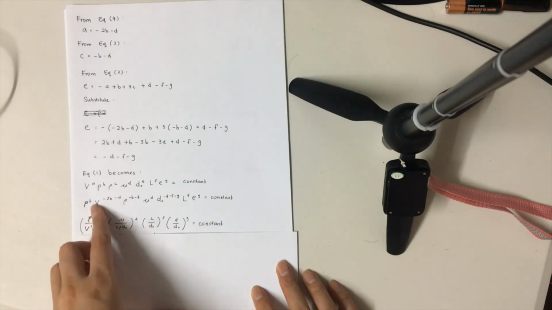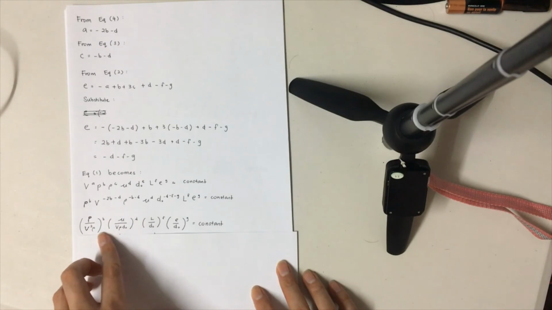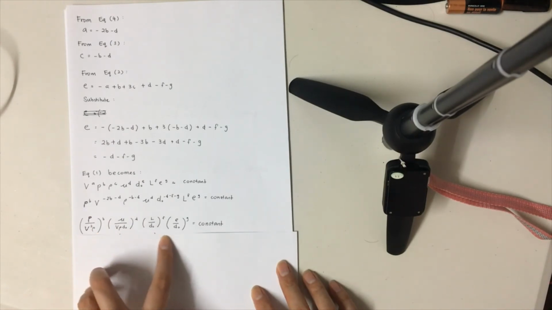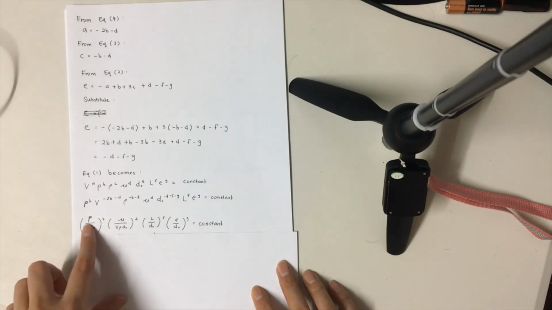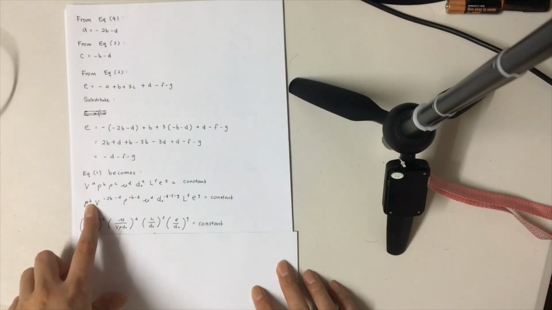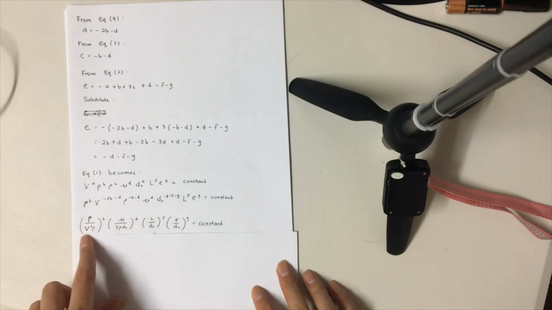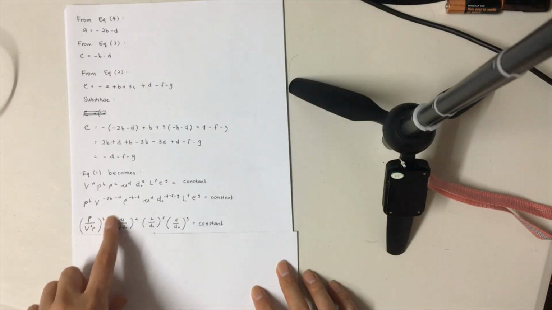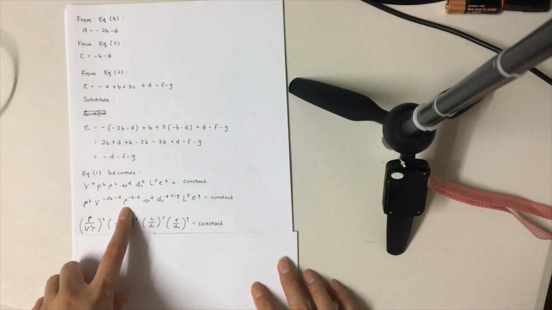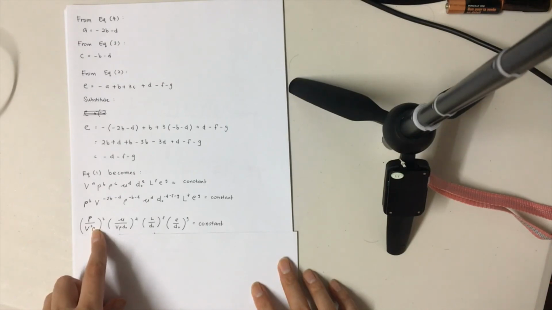So b, we put it together with b, and we are given such an equation. So P to the power of b, and then V to the power of negative 2b. So over here we have V to the power of 2b, and the other component with b is the density, which is negative b, so it is at the bottom.